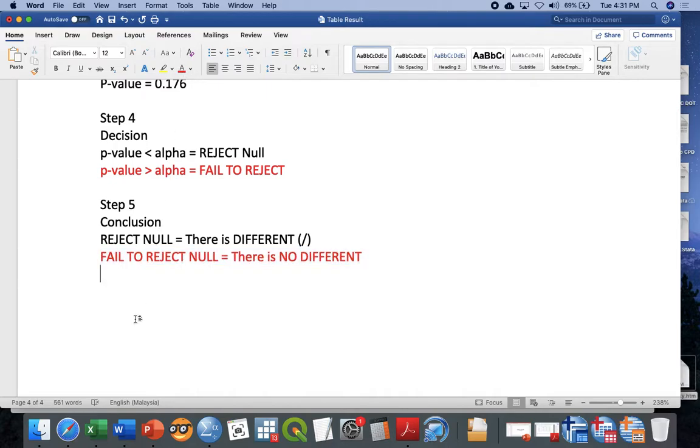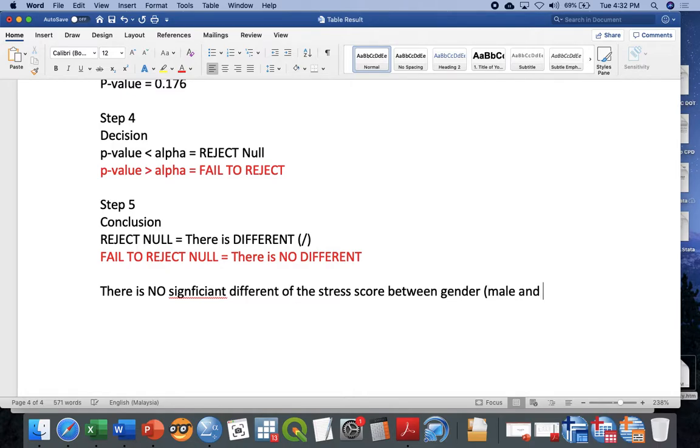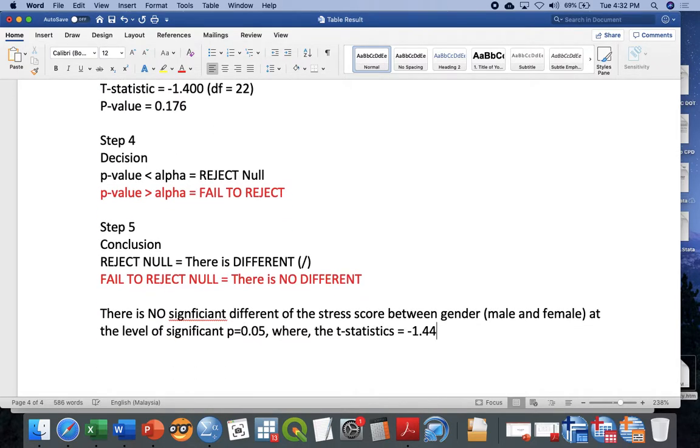Yeah, very good. Therefore, you need to make a conclusion like this. There is no significant difference of the stress score between gender, or between male and female, at the level of significance p equal to 0.05, where the t statistic is equal to minus 1.400 and the p-value is equal to 0.176.